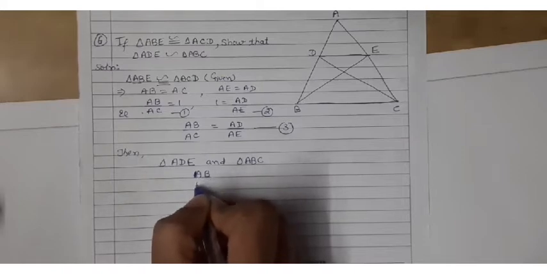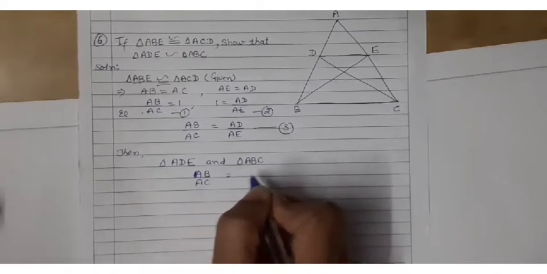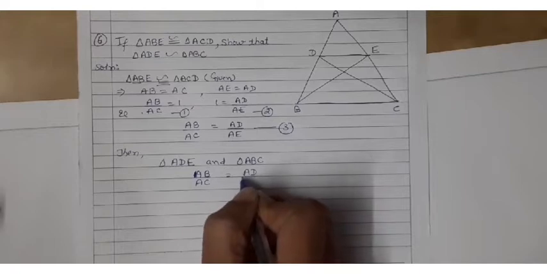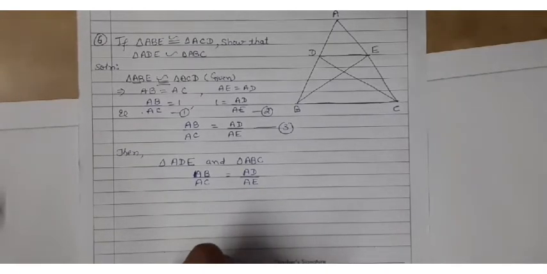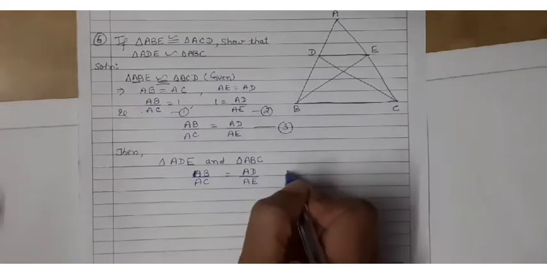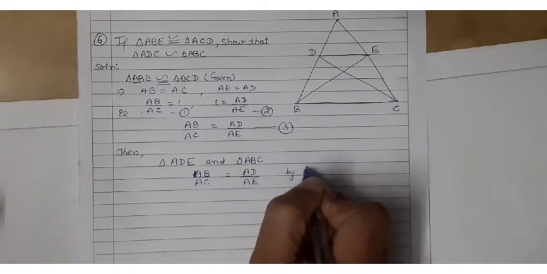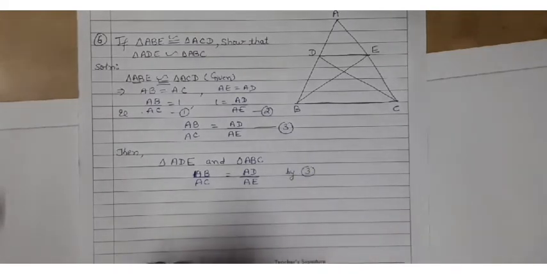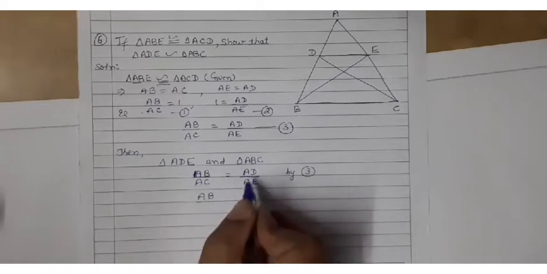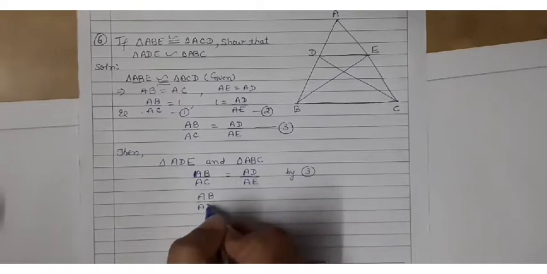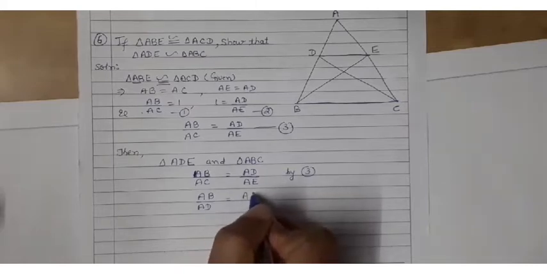AB upon AC is equal to AD upon AE. This we can write by third. And what other thing we can write? See, I am interchanging. I am sending AD down and AC up.